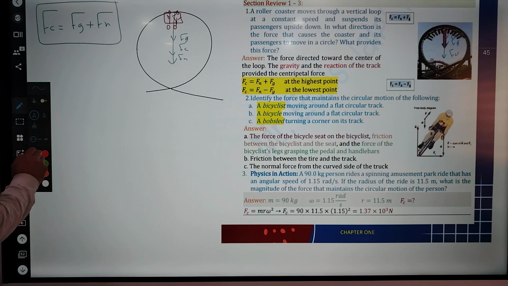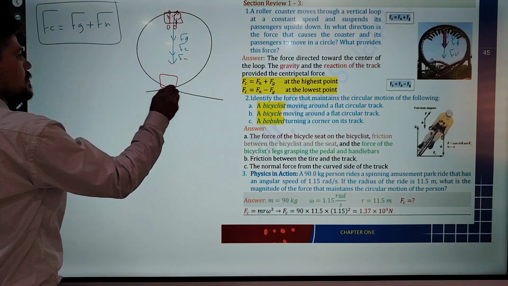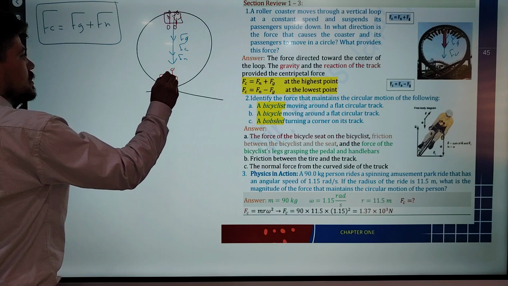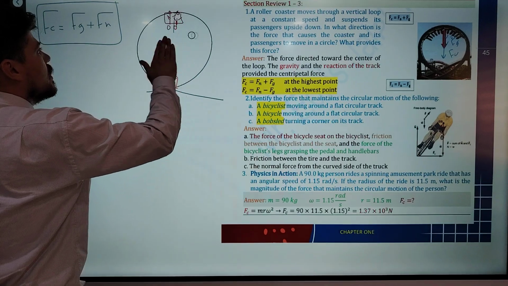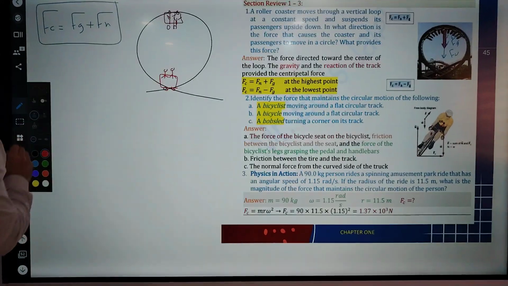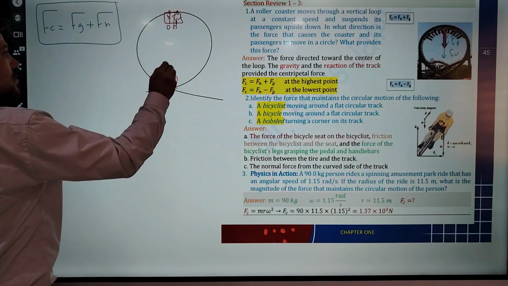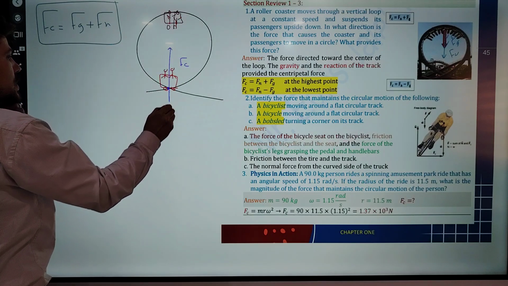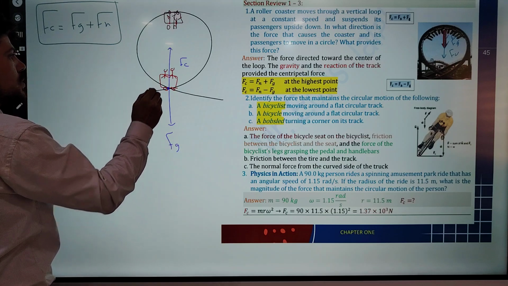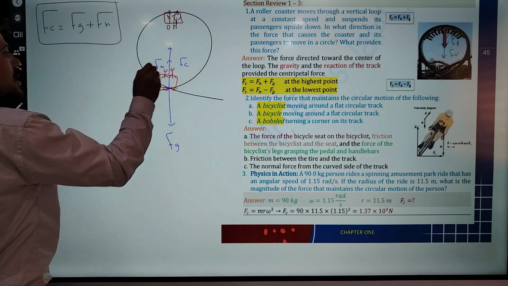But at the lowest point, look. The direction of the centripetal force is toward the center always. So Fg is downward always, and Fn is upward.